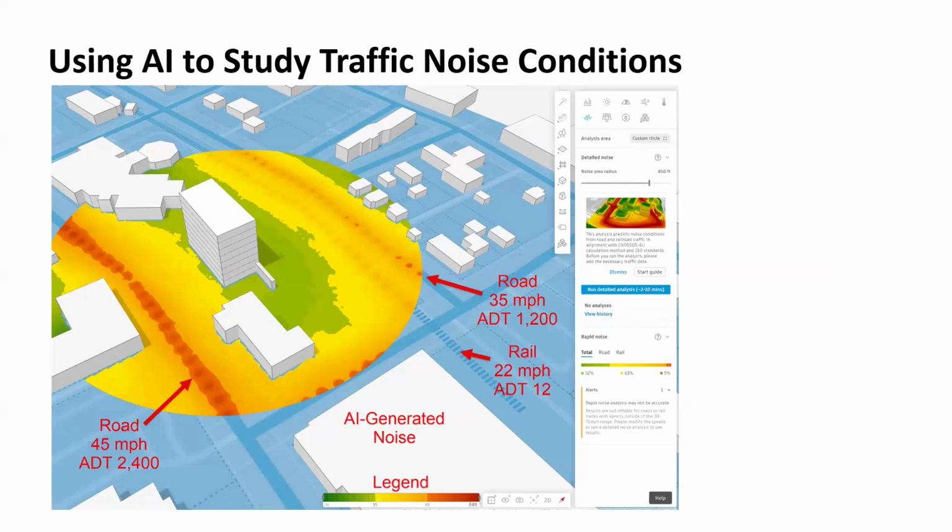They're not always the right height, so we have to double check those sometimes, but we can select the center line of a road, and if it's not already there, we can specify the miles per hour. And then another value that in my experience is never there, we have to enter the average daily traffic number. So how many cars on average go on that road in a day?